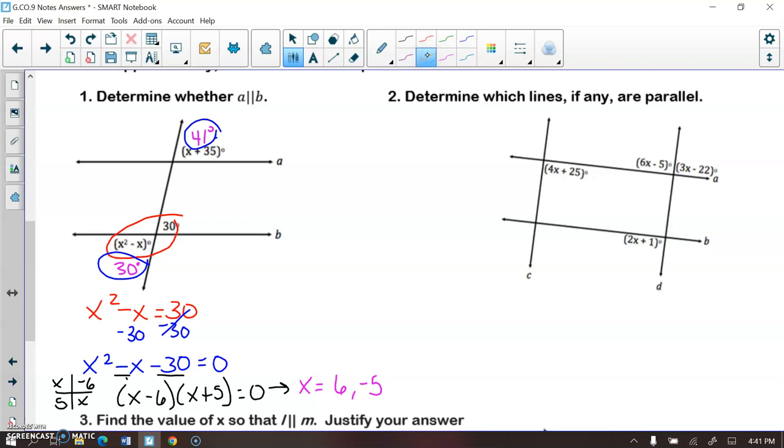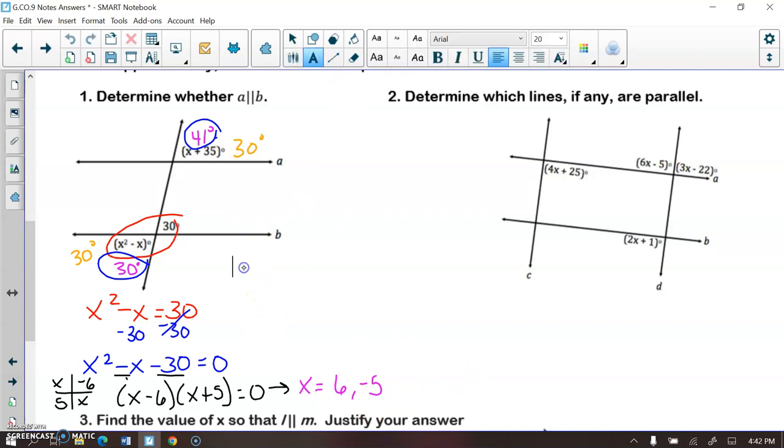But let's look at when x is equal to -5. When x is equal to -5, -5 plus 35 gives me 30 degrees. -5 squared is 25, minus -5 also gives me 30 degrees. So in this situation, my alternate exterior angles are congruent. So the lines would be parallel, but only when x is equal to -5.